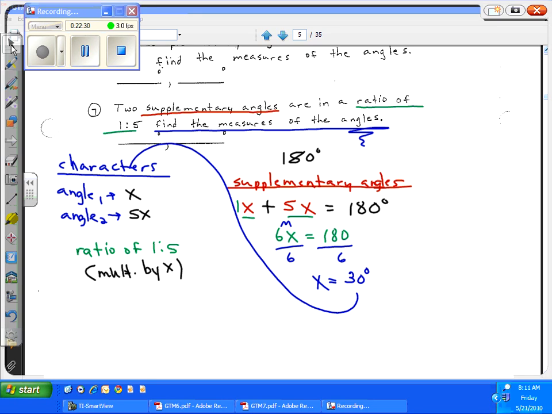So we plug it in. So the first angle x is that 30 degrees. The second angle is 5 times the 30 degrees, which is 150 degrees. Any questions on number 7?